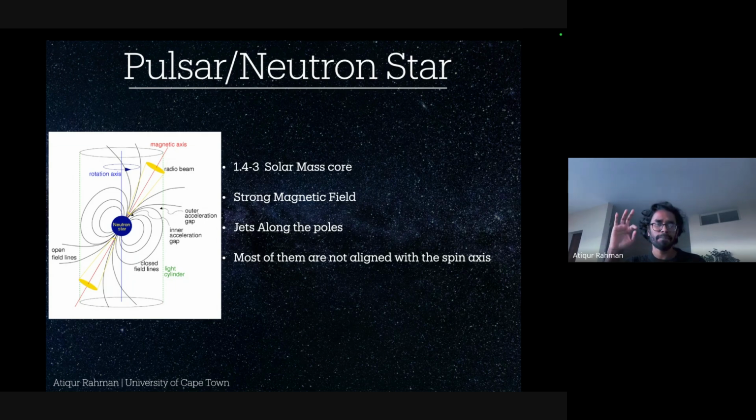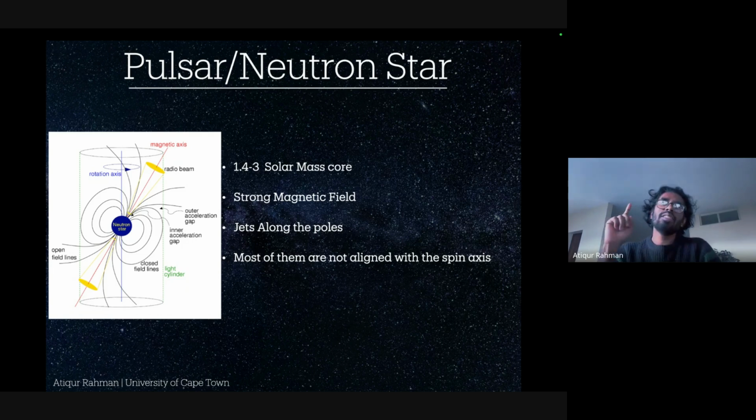What I mean by that is, in this figure, you can see that there's a neutron star at the center of this cylinder, and the rotation axis is this. So it rotates like this. And there's a magnetic axis which is not aligned with this axis but slightly tilted. And when it rotates around its axis, the magnetic axis cuts out a cone.